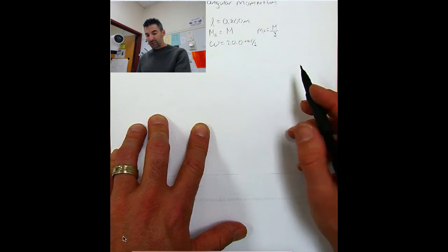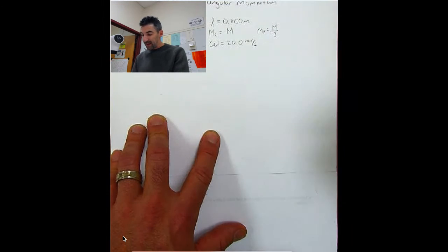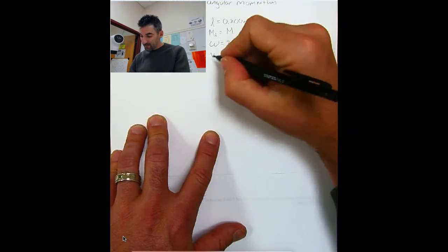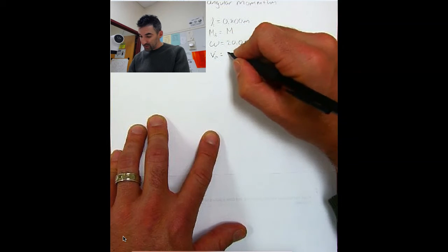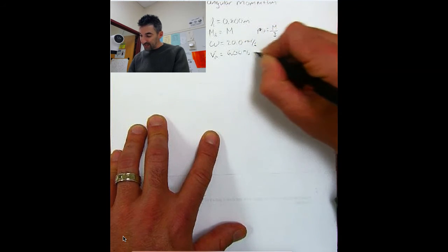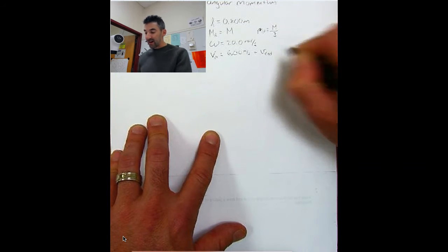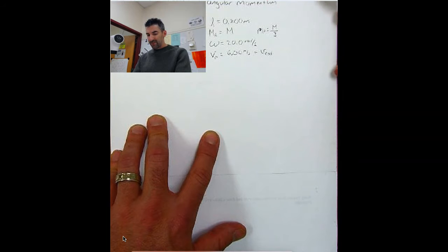I know this is going to be important: they told me that the velocity of the particle is equal to 6.00 meters per second faster, so plus the velocity of the end of the rod. I believe that's all the information I knew. I said initially the particle was stuck to the rod. We got that.